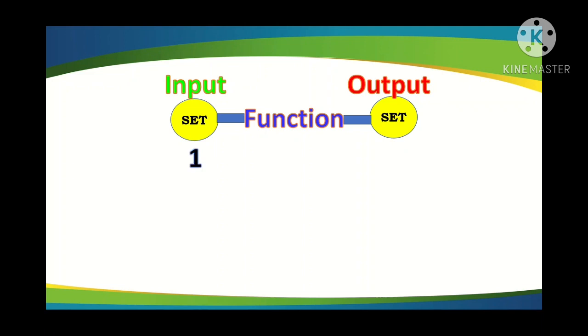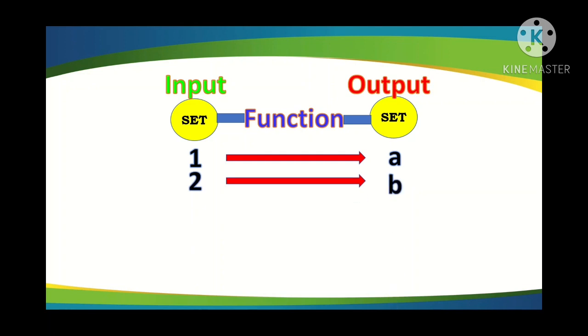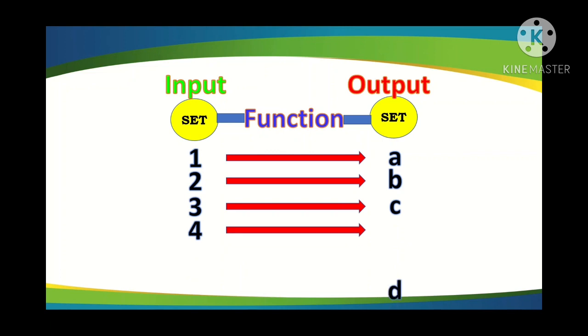For example, we have the input set, the element 1 corresponds to the output set element A. 2 corresponds to B. 3 corresponds to C. 4 corresponds to D. And 5 corresponds to E. The input and output sets are referred to by special math names. The input set is usually called the domain and the output set is the range.